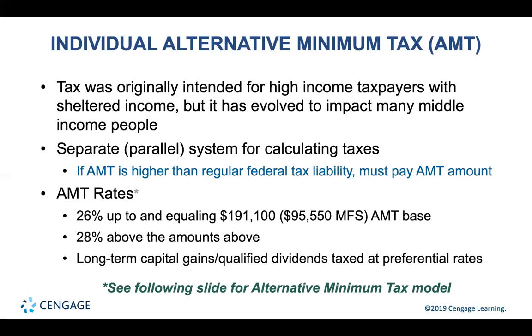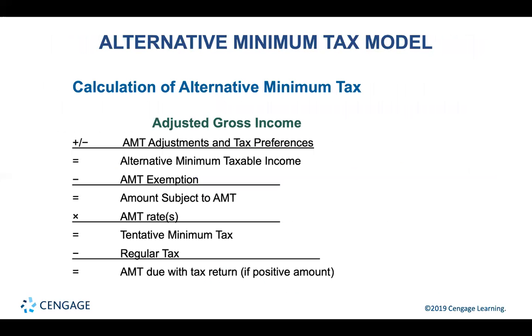So this is a simplified model of the calculation for alternative minimum tax. You go through your tax return as usual and get to your adjusted gross income. From your adjusted gross income, you add and subtract what are called AMT adjustments and tax preferences, which we'll discuss in a moment. Once you do all those additions and subtractions, you come down to the alternative minimum taxable income.